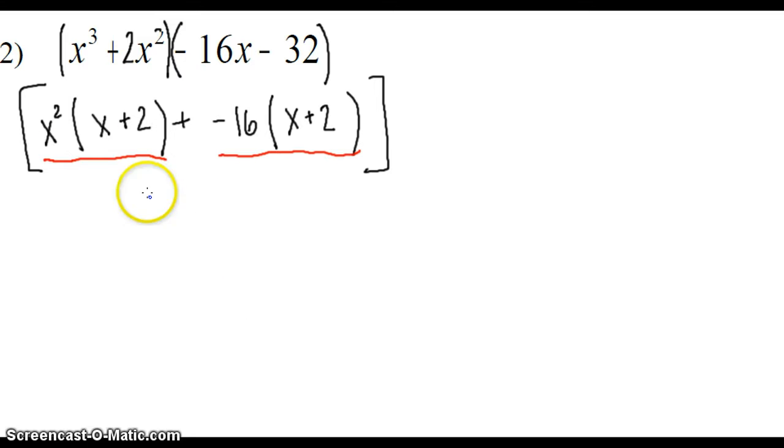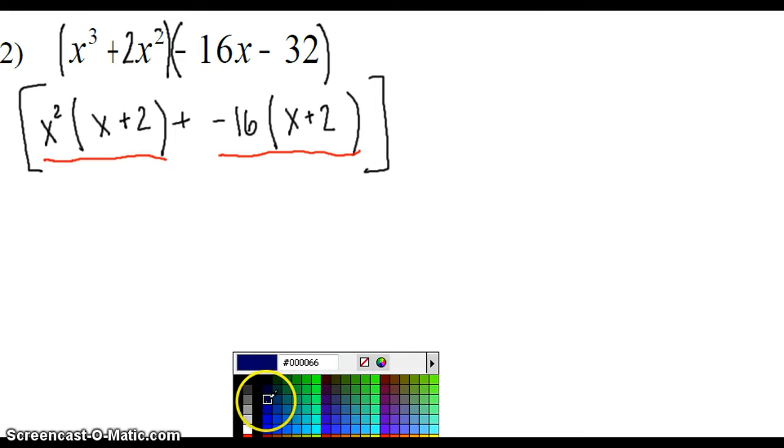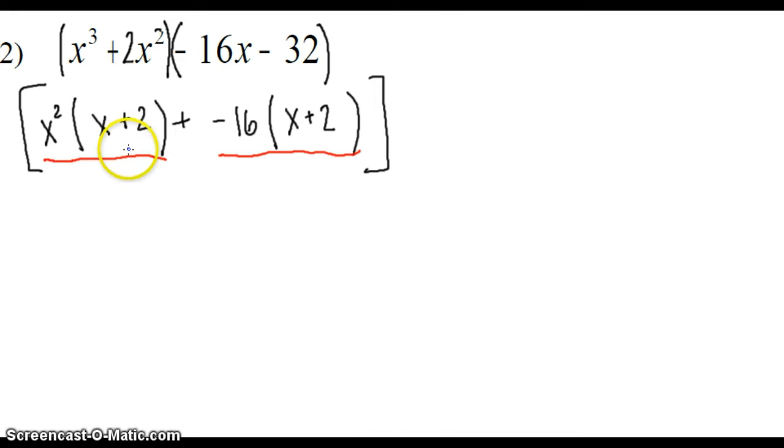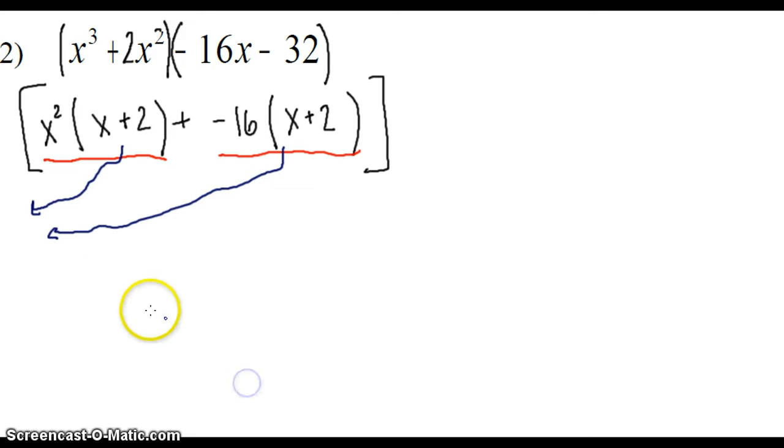So they each have a common factor of x plus 2. So I'm going to go ahead and take that common factor of x plus 2 out of each term. So this is how the factoring by grouping works.